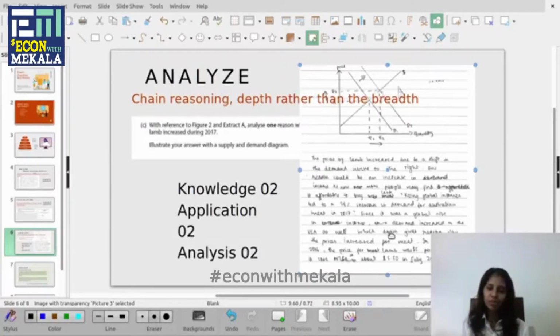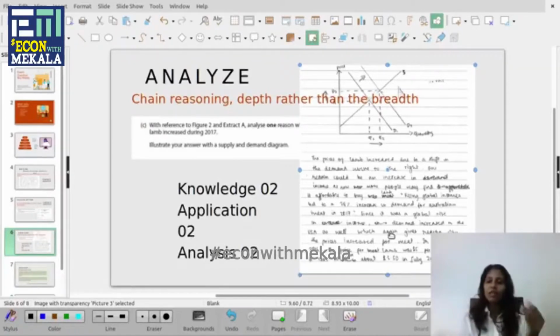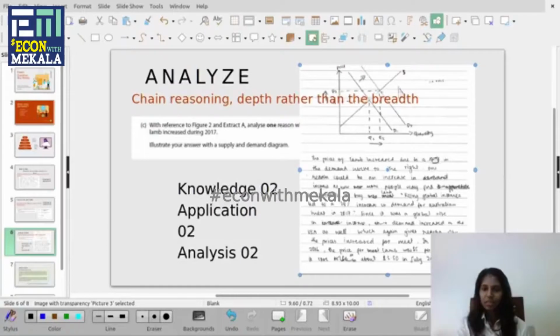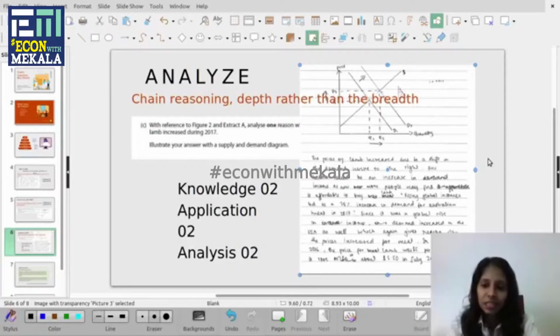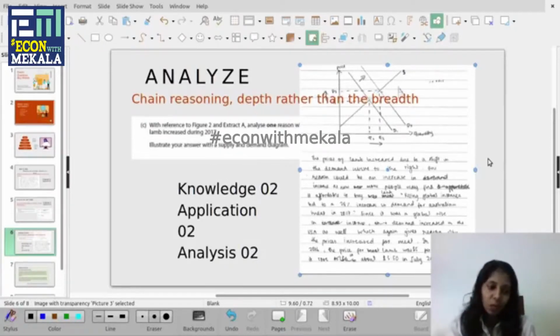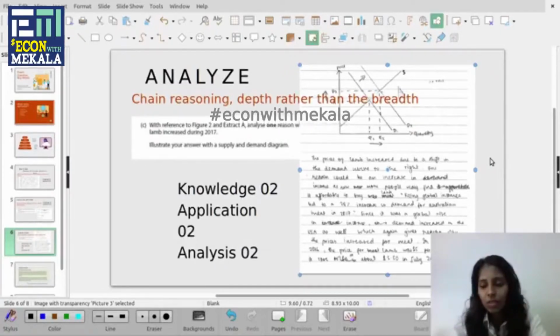That is also important. Now when you take the reason, he has analyzed the positive side of the reason. Why did this happen? This happened because around the world incomes have increased. I did not copy and paste the entire answer in this because I wanted to add some key points. Now when you're writing analysis, you need to tell whether it's a small increment, barely a small increment, or a significant increment.